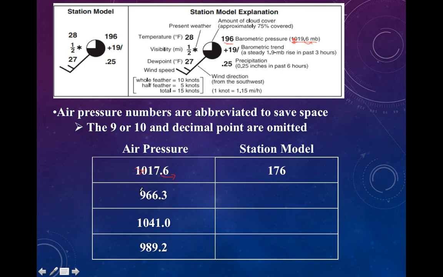Like I told you, there's always a 10 or a 9 in front. You take the 10 or the 9 out, move the decimal over, and on the station model, it would look like 663. Next, 1041.0: I take the 10 out, move the decimal over. In this case, I take the 9 out, move the decimal out, and I'm left with 892. So this is what it would look like on the station model, always a 3-digit number.